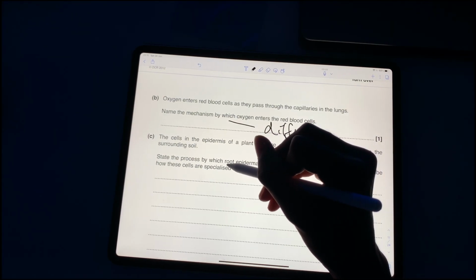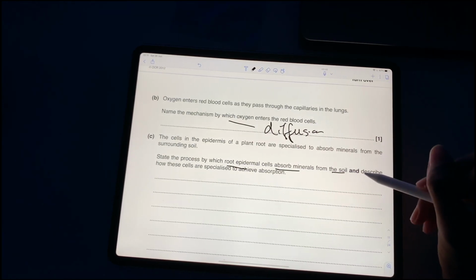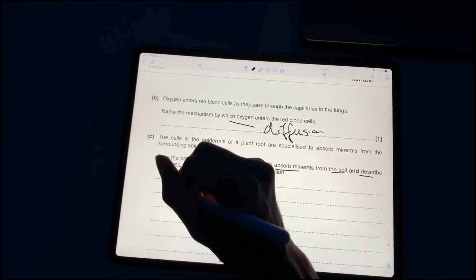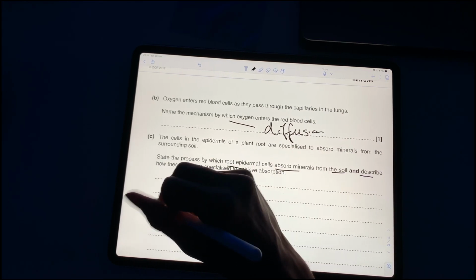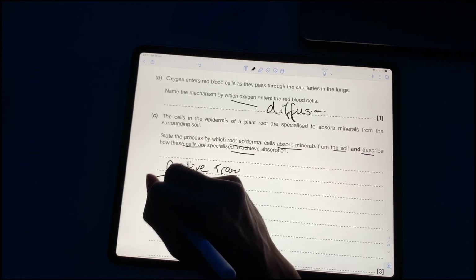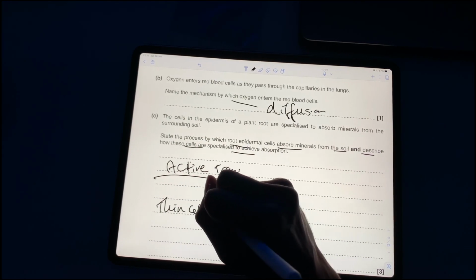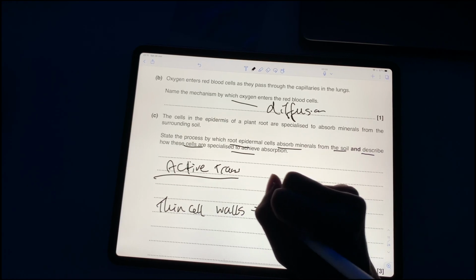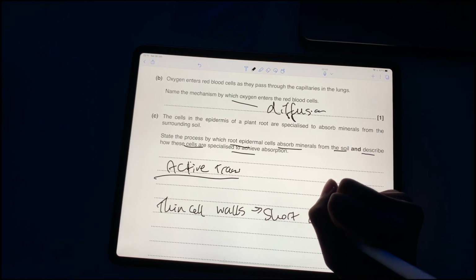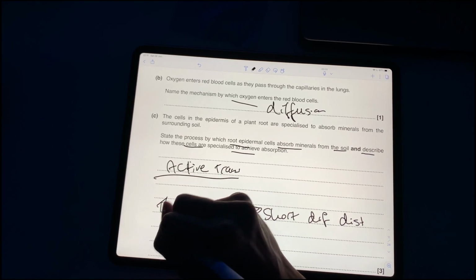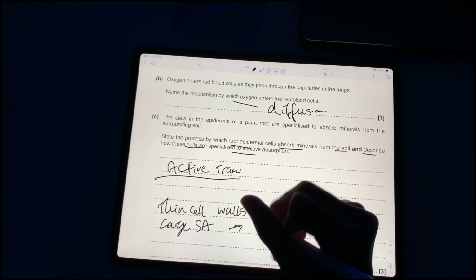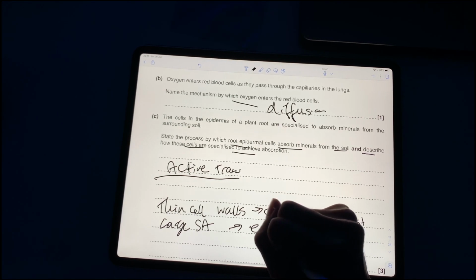State the process by which a root epidermis cell absorbs minerals from the soil and describe how these cells are specialized. Okay, well that's active transport. So they have a thin cell wall, so short diffusion distance. Large surface area because of the extensions.